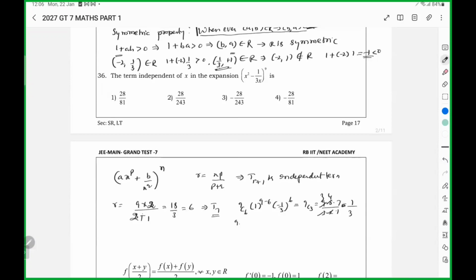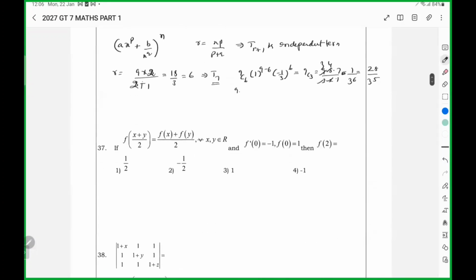Into 1/3 power 6. So here it is 28 by 3 power 5, 243. This kind of problem I discussed in the last grand test also.